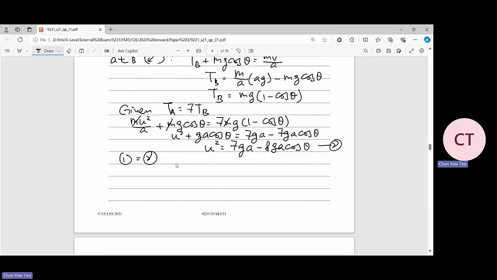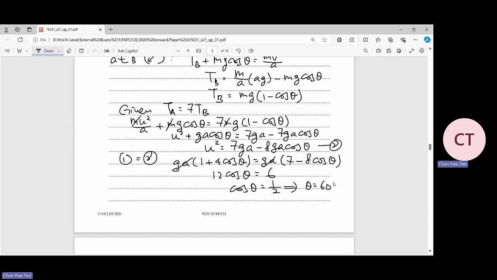You have gA times 1 plus 4 cos theta is equal to gA times 7 minus 8 cos theta. gA cancel off. So you get 12 cos theta equal to 6. Cos theta equal to half. Therefore, your theta is equal to 60 degrees.